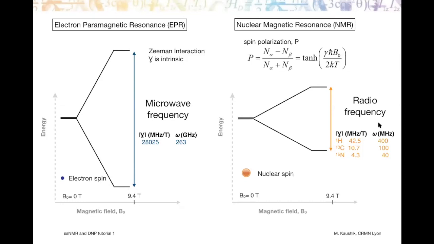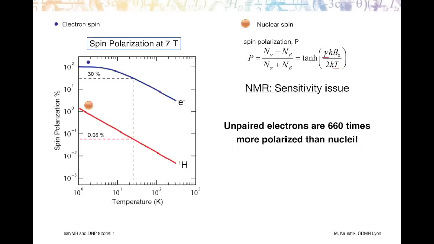The second key difference between electron and nuclear spin is the spin polarization, which is again based on its intrinsic gamma factor and inversely proportional to temperature. So if we were to plot for a constant magnetic field, temperature versus spin polarization, we clearly see that, for example, protons are way less polarized as compared to electrons.